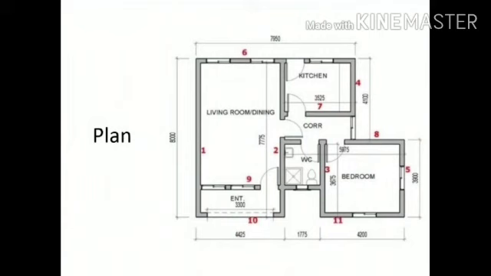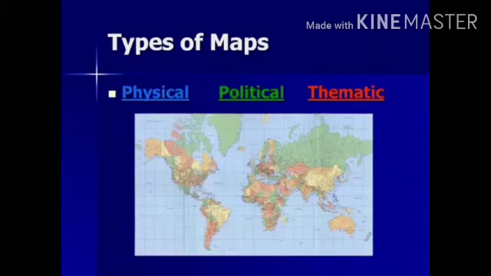You have learnt in your previous classes about different kinds of maps. Let us discuss them briefly. Types of maps. Maps are classified into three based on their representation.